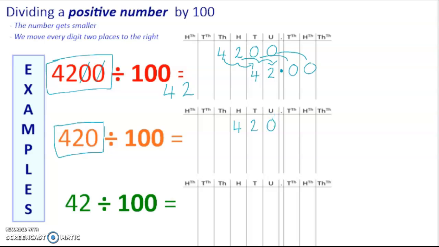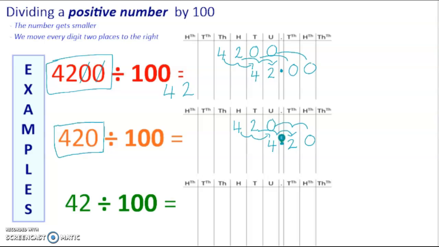To divide by 100, every digit moves 2 places to the right. So 1, 2, 4 goes here. 1 jump, 2, the 2 goes here. And jump, 2, the 0 goes here. And my decimal point never moves.